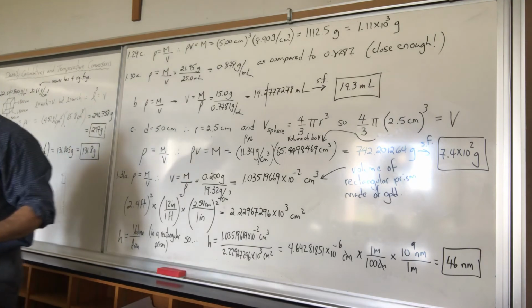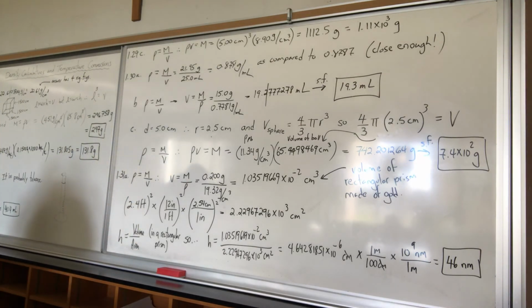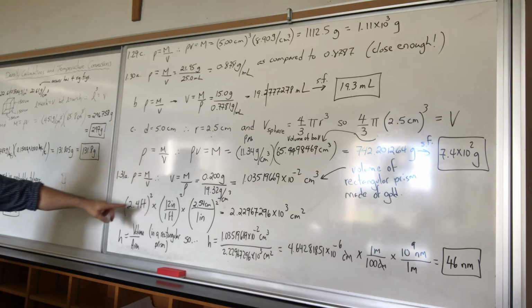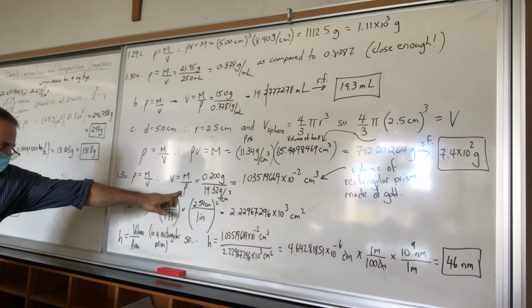Okay, 2.4 by 2.54, and then basically I'm converting the area. I'm finding the area of the thing. Okay, so the area is, I shouldn't have put it squared here. That's why it's confusing.